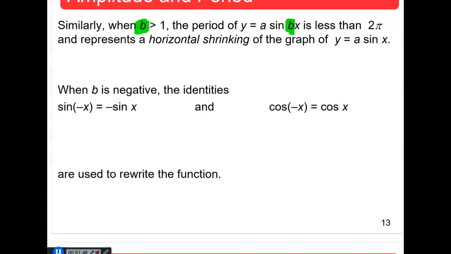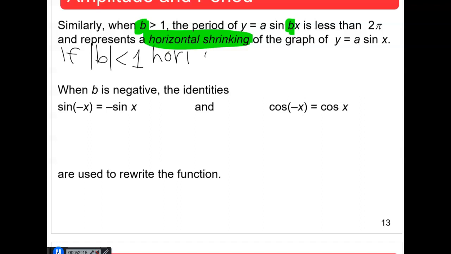So if that constant is greater than 1, since you are dividing your angle measurements, you're going to be obtaining a horizontal shrinking. On the other hand, if that constant b, and we should probably just say absolute value, is less than 1, then you will be obtaining a horizontal stretching.